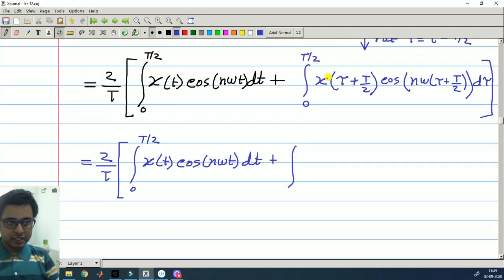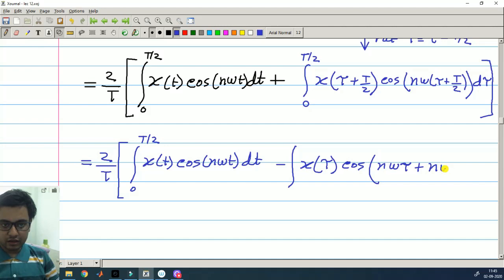So here I shall put minus x of tau, and cosine n omega tau plus n omega T over 2, d tau from 0 to T by 2.